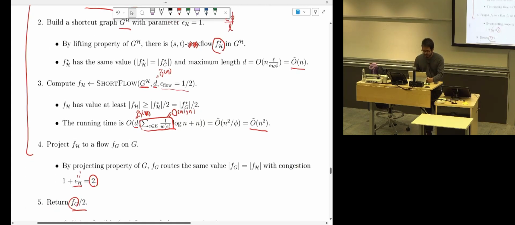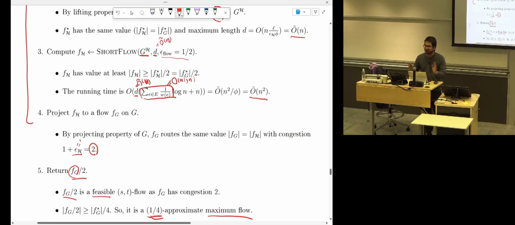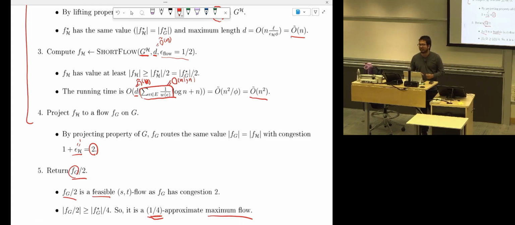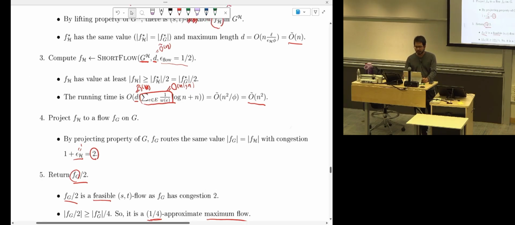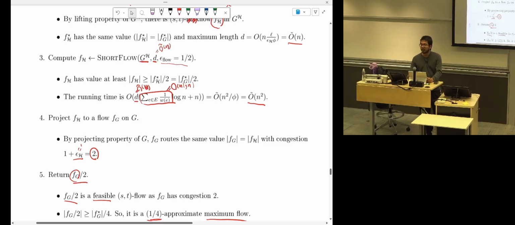Here I get something like a 1 over 4 approximation. If I want, let's say, 1 over log n, I don't know how to make it faster. Oh, okay, gotcha. I guess I'm thinking, in a sense, you want a worse approximation, right? I only need a worse approximation. Right, okay, gotcha.